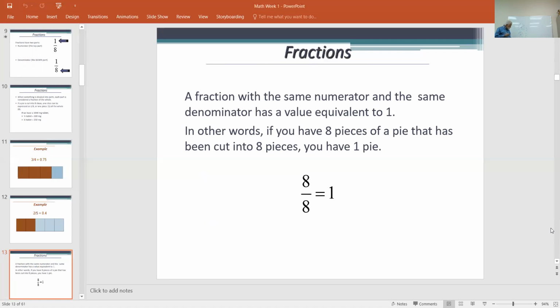There's another kind of fraction called a complex fraction, in which one or both of the numerator or denominator is a fraction. So 2/5 over 5/8 is what we call a complex fraction, because the numerator is a fraction and the denominator is a fraction.